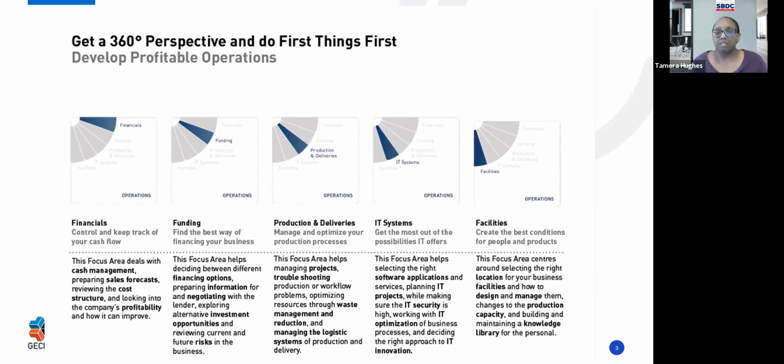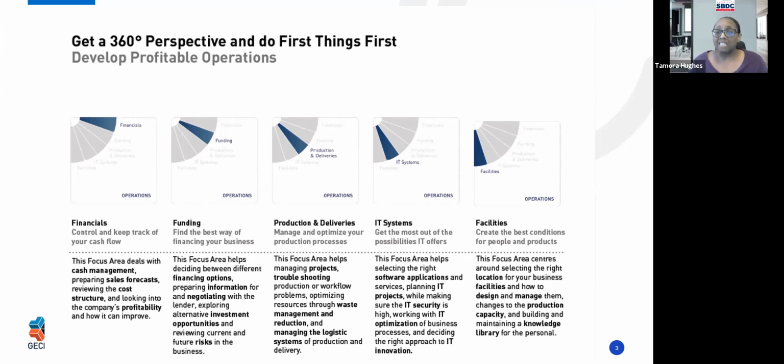Then the next piece of the pie is called production and deliveries. And this worksheet helps you to manage and optimize your production processes. This area focuses on projects, troubleshooting, workflow, waste management, reduction, logistics systems, and so forth.